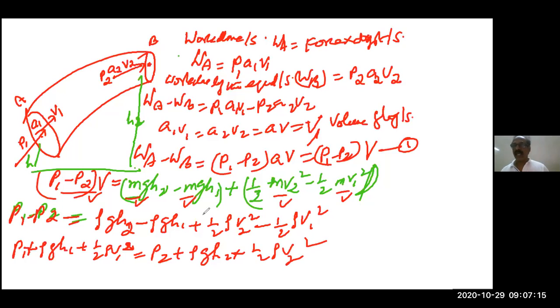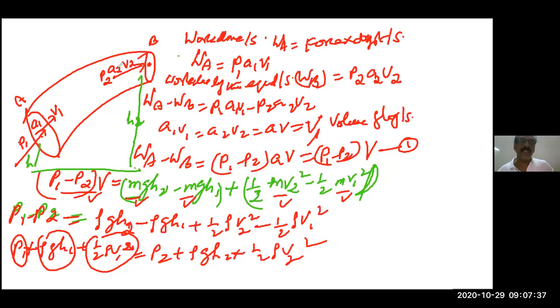You see, that means the sum of pressure energy, potential energy, and the kinetic energy per unit volume. We divided it by unit volume, so mass changes into density. It remains constant everywhere in the flow.